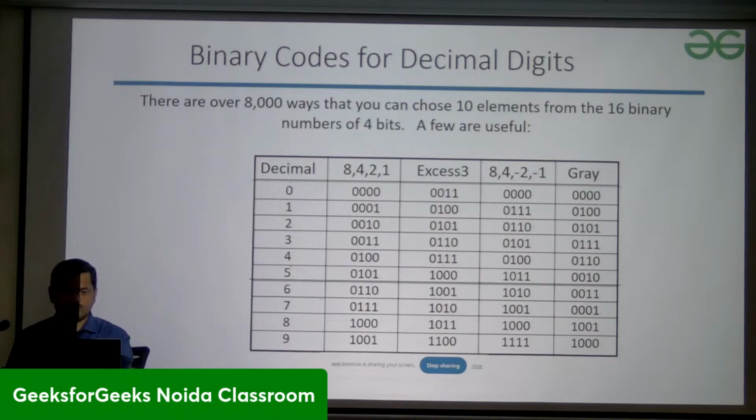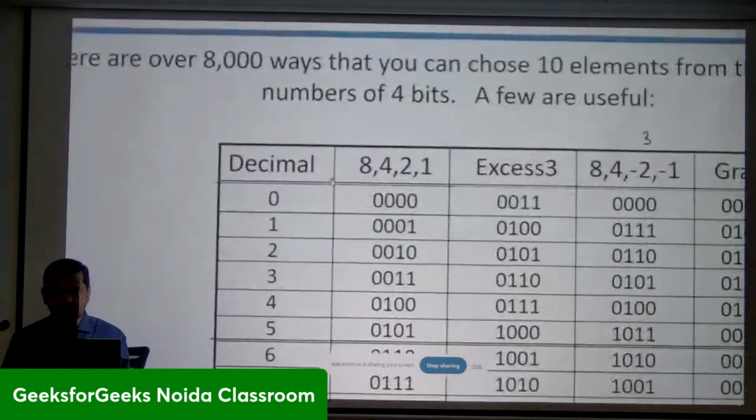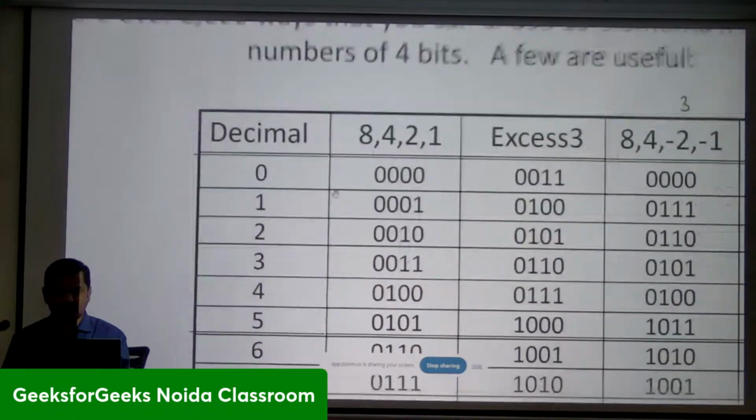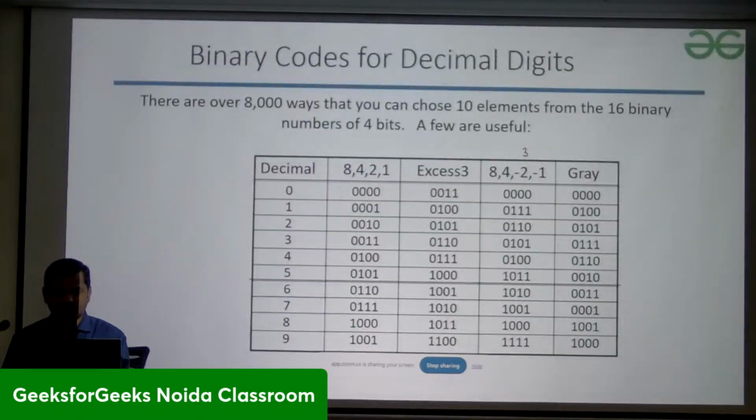These are the decimal values and these are the corresponding BCD. I'm just going to convert into gray code, and gray code is nothing but the conversion from BCD to gray. So in this particular case, let me take the value, let's say 0000.